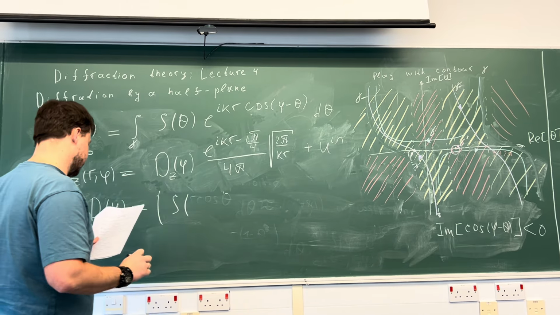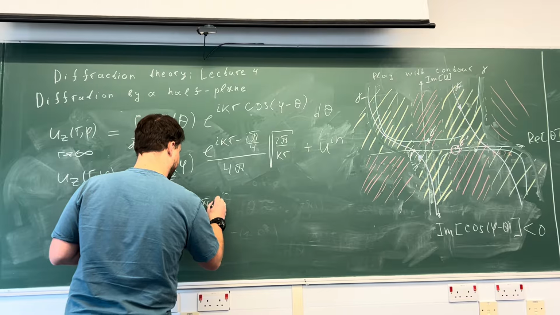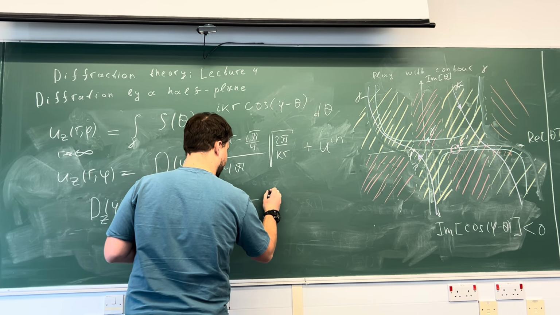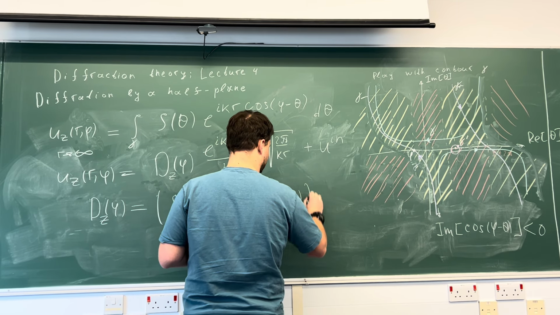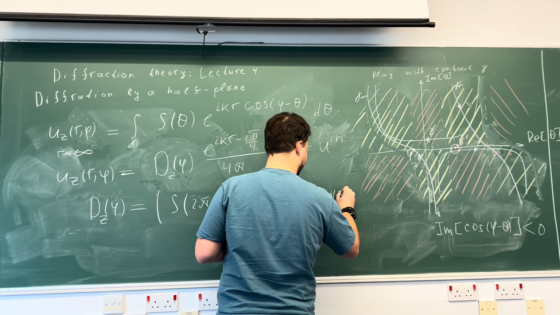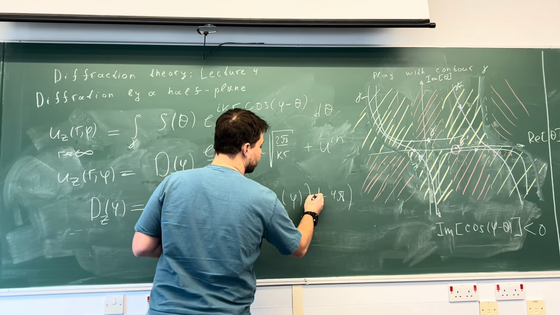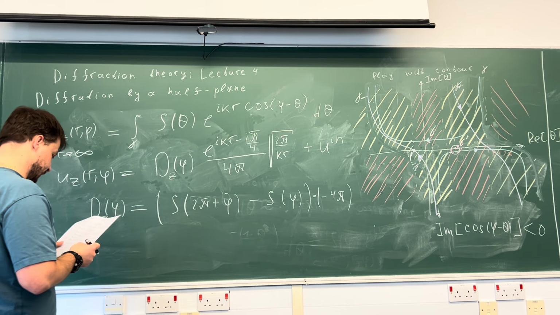So this is the directivity of the diffraction. It's multiplied by minus 4. Get everything.